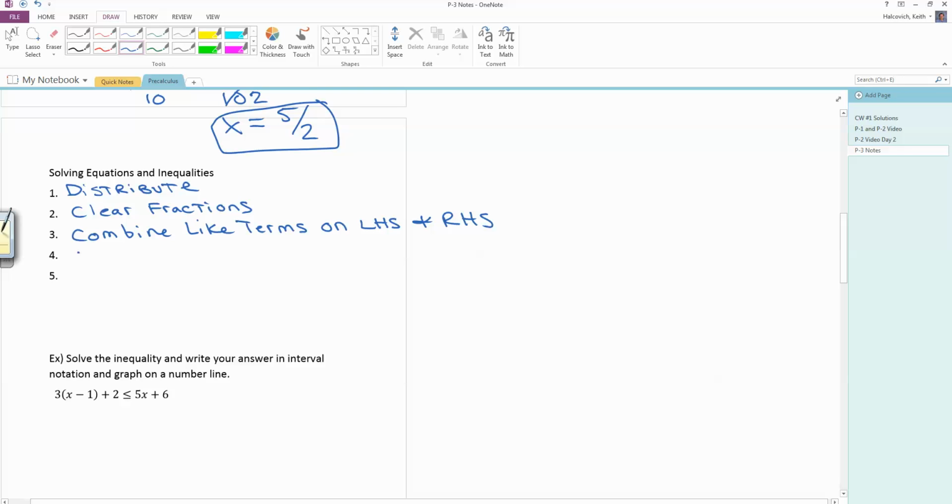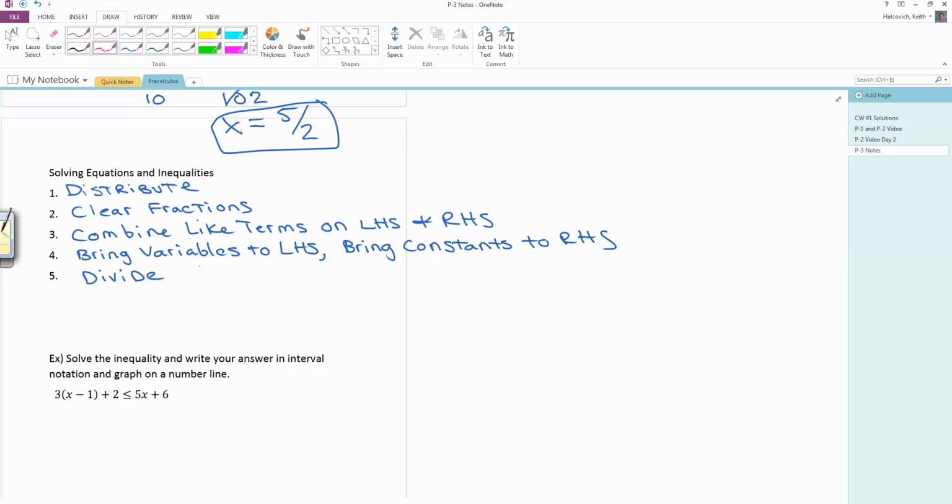Step 4, you're going to bring the variables to the left-hand side and bring the constants to the right-hand side. And step 5, you're going to divide.